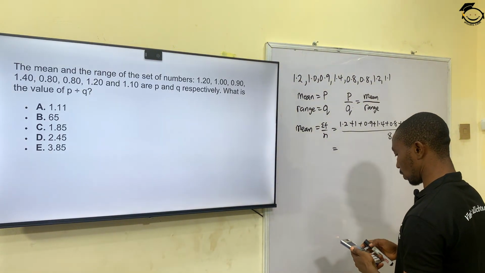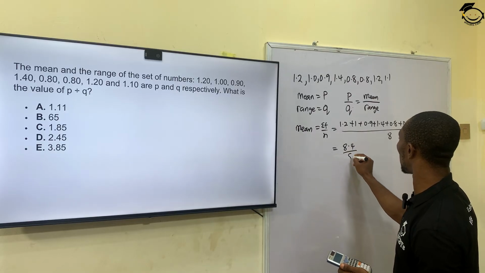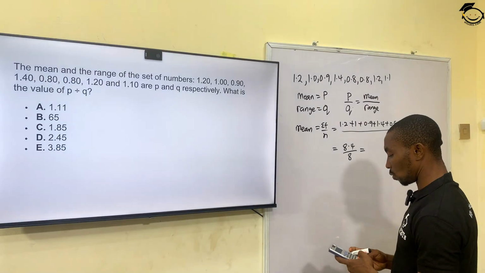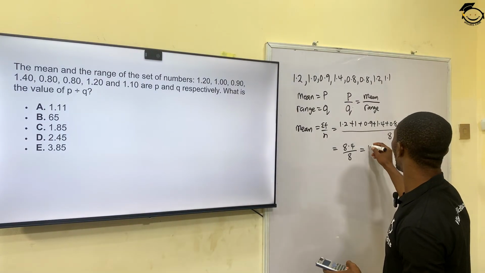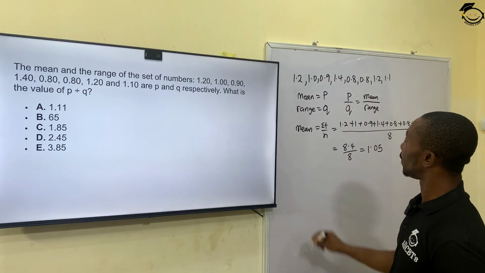So this is giving us 8.4, and 8.4 divided by 8 would give us 1.05. That's our mean.